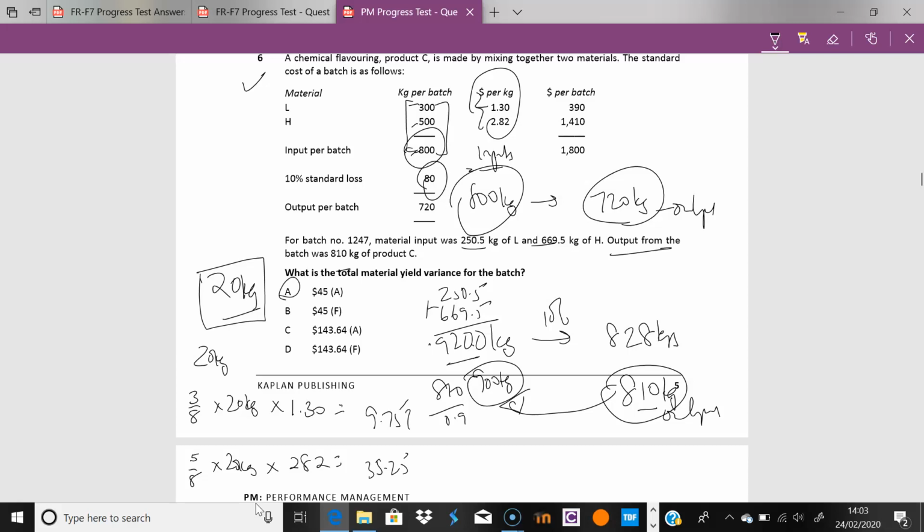What's the principle here again? I need to get this relationship first. Yield is about what's coming out, the output, or by default what the input should have been, and then you can find that difference and break it up based on the standard expectation of the ratio, the mix, because that's all you can do. You can only break this up based on the agreed amounts that should have gone in.